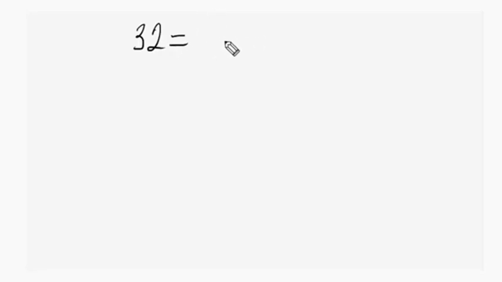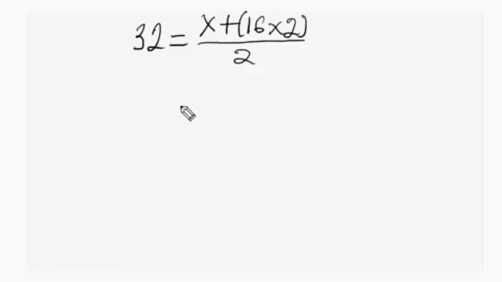In order to calculate the molecular mass, we have X plus O2. So oxygen is 16, then times 2. Then this will be over 2.